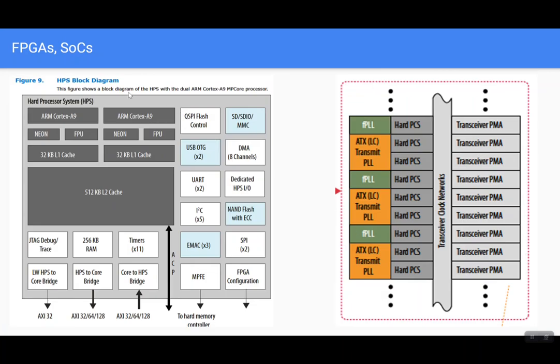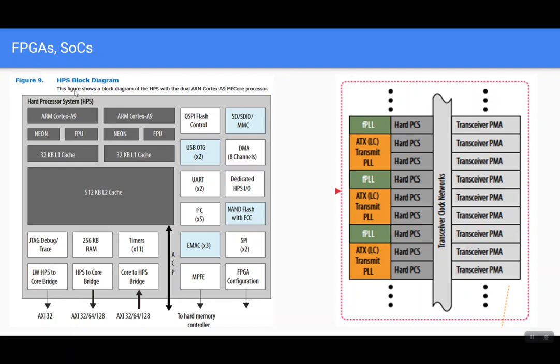So in an FPGA or SoC, there is a hard processor system. We call it, in short, HPS. This is also taken from the AMD Xilinx data sheet.